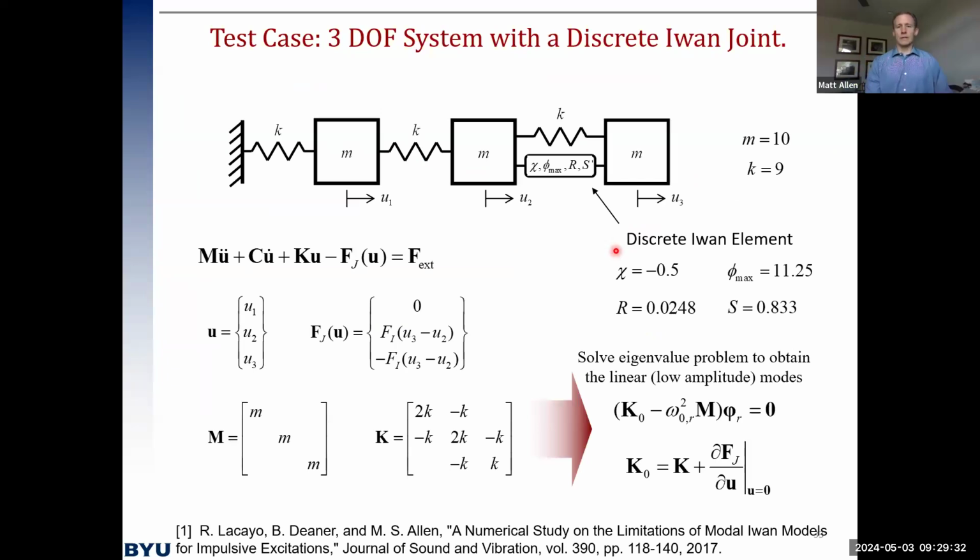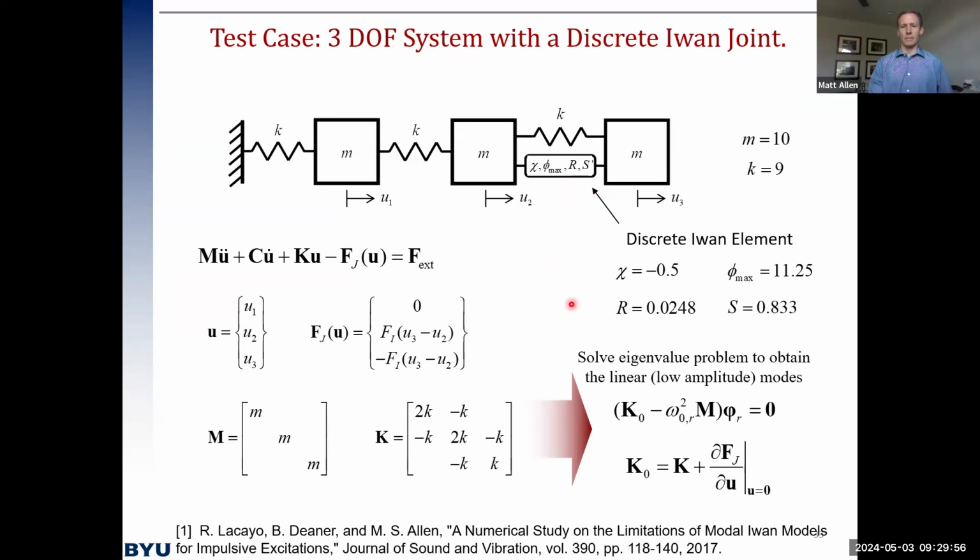All right, so how does this work on real systems? I'll show you an example with a 3 degree of freedom system because this is small, it's efficient to simulate, and so we can fully explore the limitations of this assumption. So 3 degree of freedom system with one Iwan element as the nonlinearity.